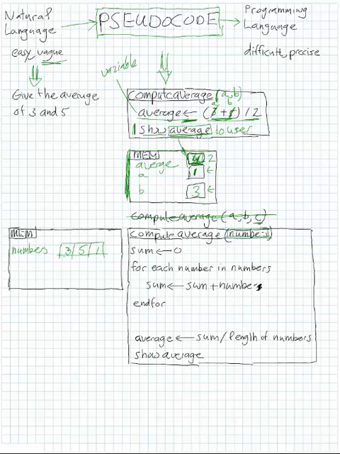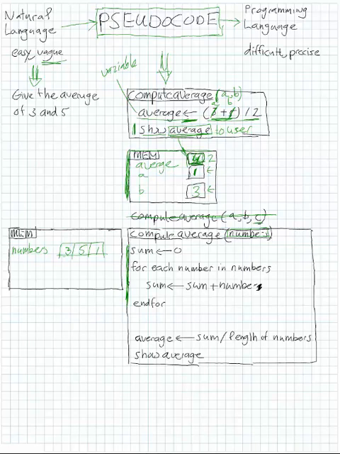And we need to do 2 things. To compute the average, we first have to compute the sum of the numbers. And once we've computed the sum of the numbers, we can divide by the length of the list, so the number of numbers. The first part happens here in the first 4 lines.